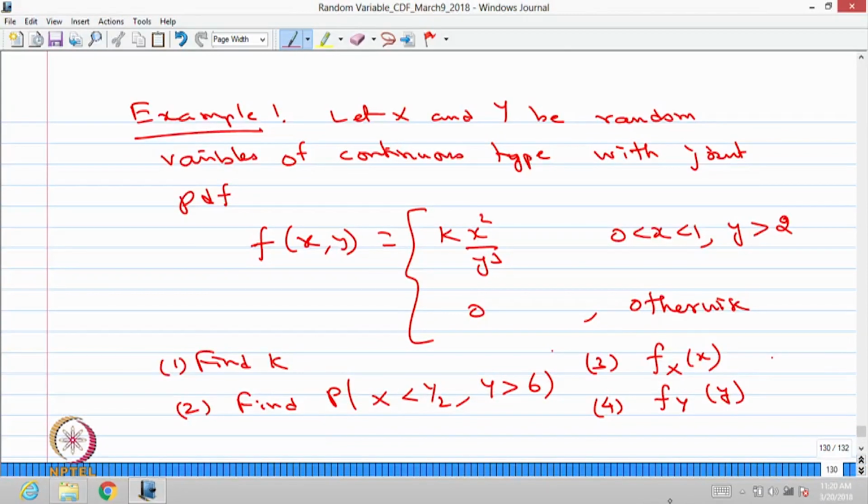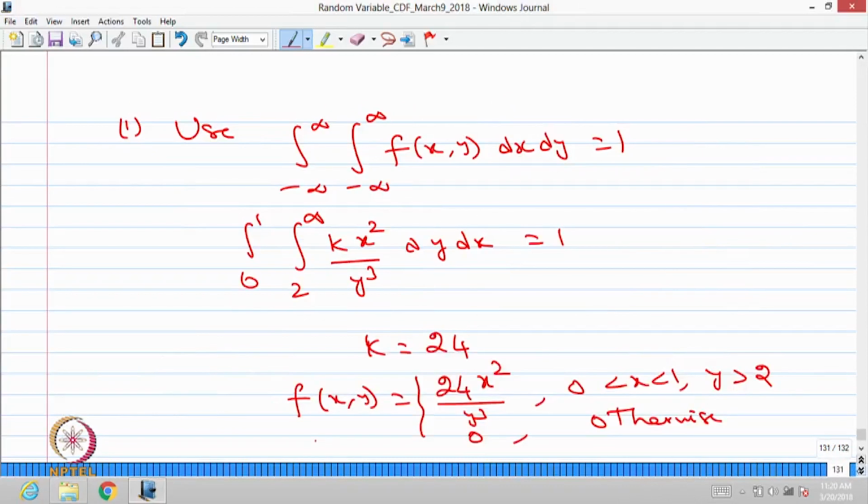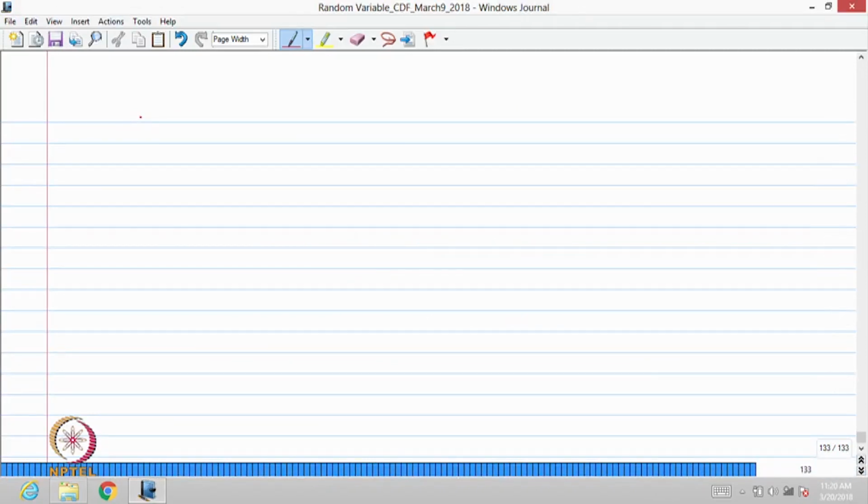So the next question is find out the marginal distribution of x, and similarly the marginal distribution of y. So, the third question: the probability density function of x is nothing but the integration of the joint probability density function with respect to y. And we know that the joint density is greater than 0 when y lies between 2 to infinity.